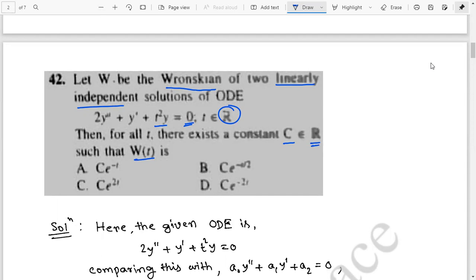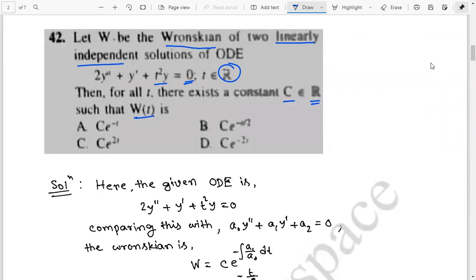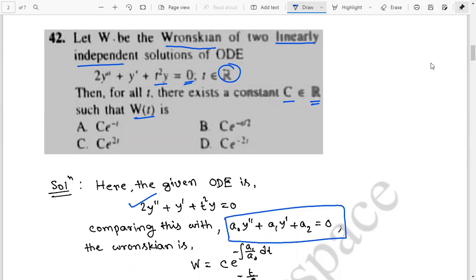So here the given differential equation is 2y'' + y' + t²y = 0, and we can compare this equation with our general form of second order differential equations.